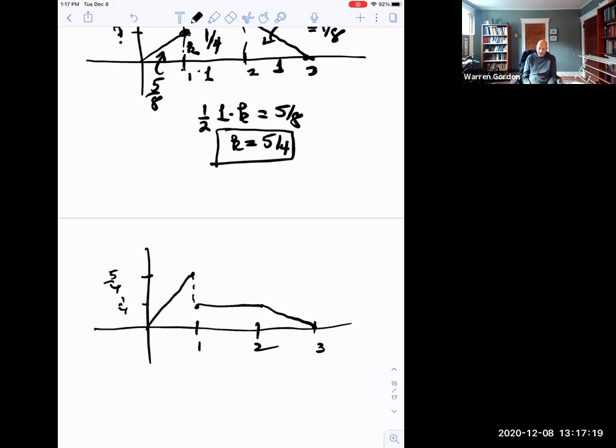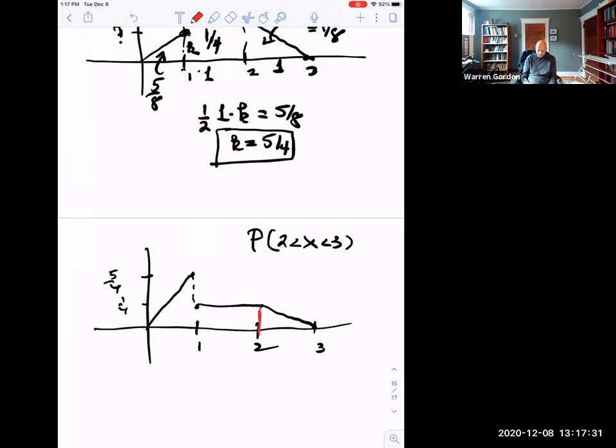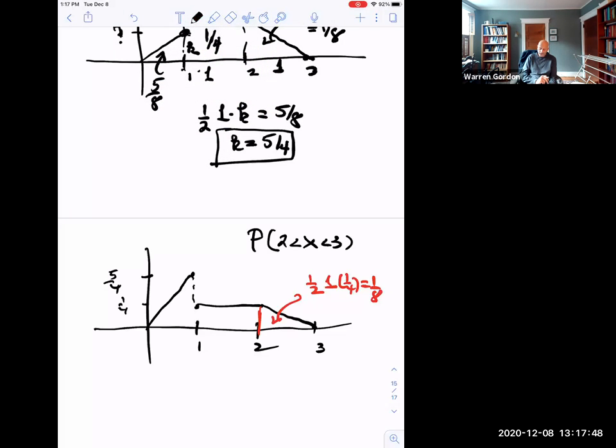So for example, if you want to find the probability, I'll just illustrate one example here, between 2 and 3. That's this area, correct? And that area is just 1/2 the base times the height. And I got an answer of 1/8 without doing any work. So sometimes you can be clever and get answers pretty quickly, or geometrically, without having to do much work.